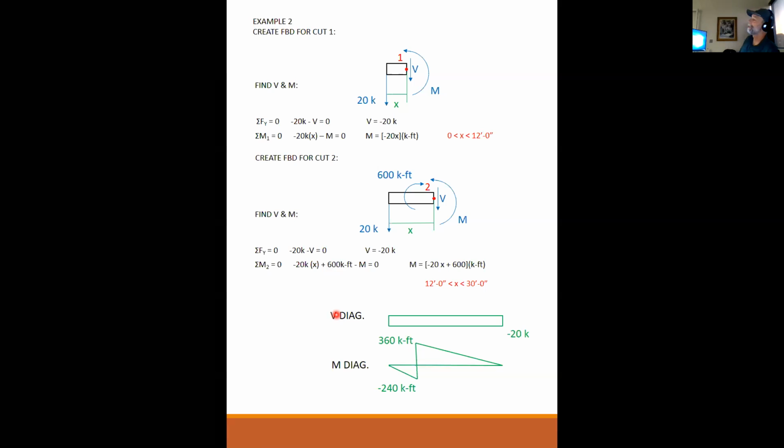That's a great question. In reality, the beam at this 12-foot point could be a steel beam. A steel beam is symmetrical, so the top flange and the bottom flange are equal and at equal distance from the center.